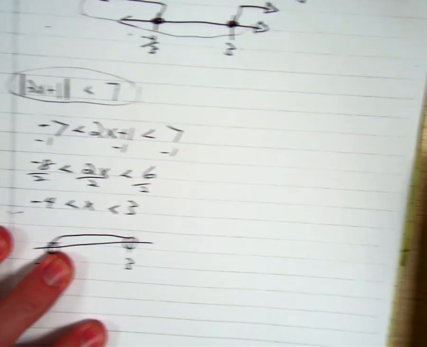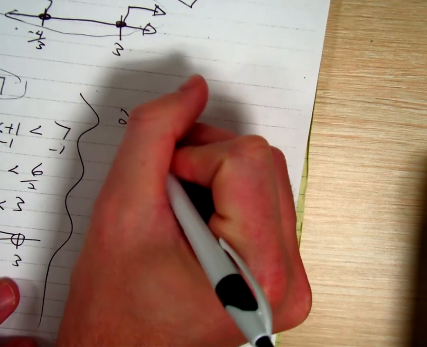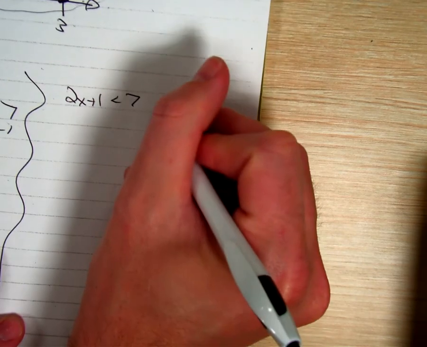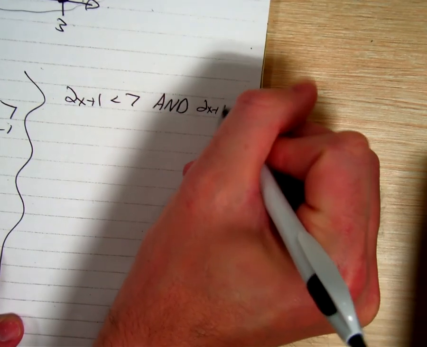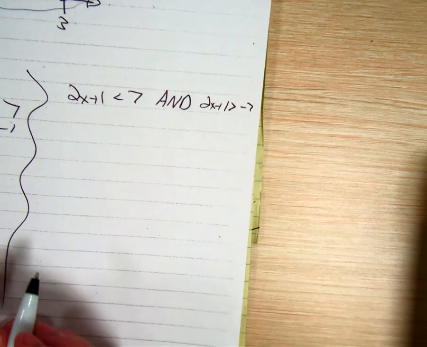All right, let's say that we didn't do the between one. Let's say you split it up. We got 2x plus 1 less than 7 and 2x plus 1, we did negative 7 and we remembered to flip it to greater than.